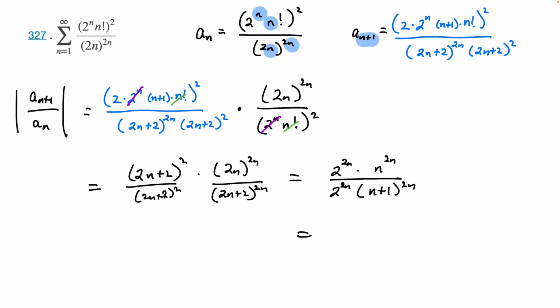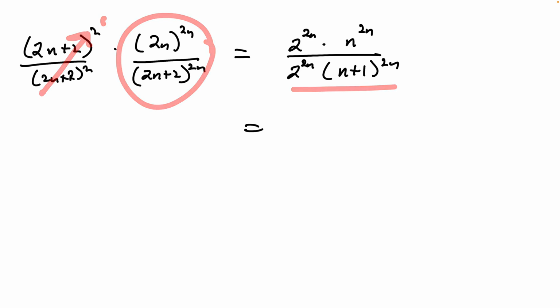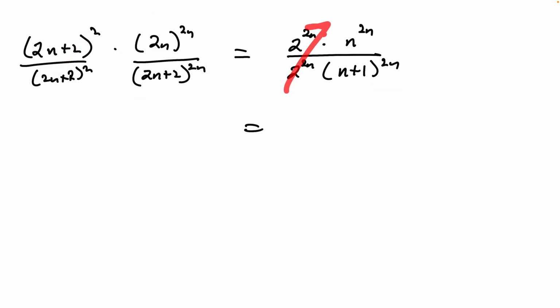Good. So again, that's 1, and then all of this simplifies as that. All right. This is 1, and this we can manipulate.